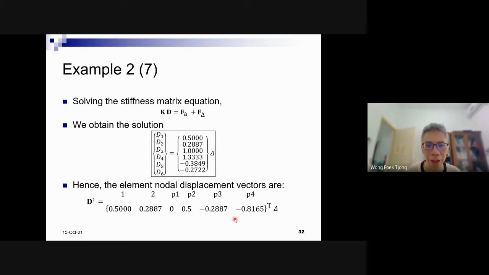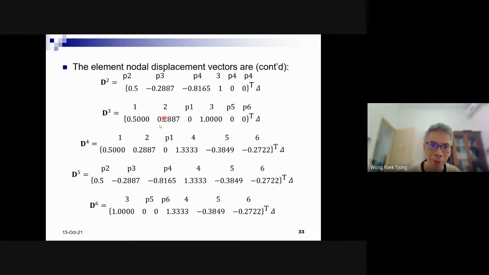That's the first element, second element, third element, fourth element, fifth, and sixth. So now we clearly know all the element nodal displacement factors. From the global displacement, we go back to the local displacement factor.